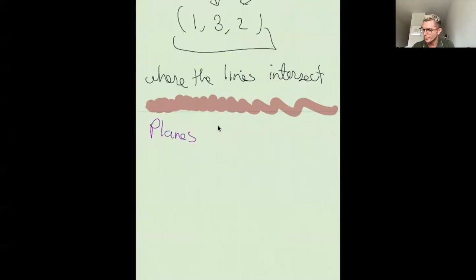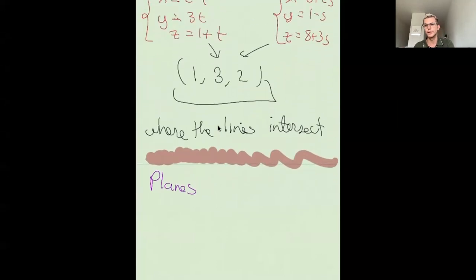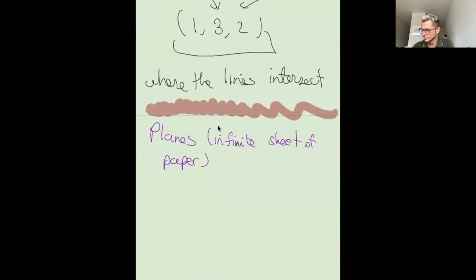So the other part of 12.5 that I have to tell you about is about planes. You should think of planes as an infinite sheet of paper. Let me just go to our friend GeoGebra.